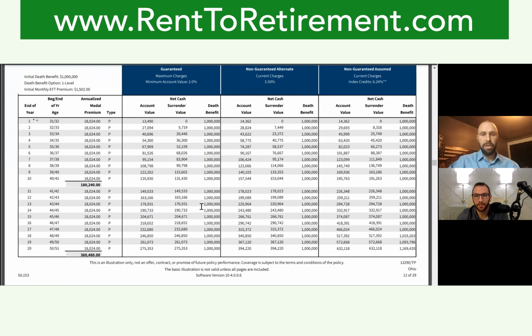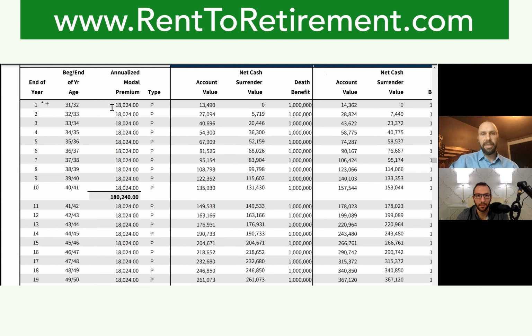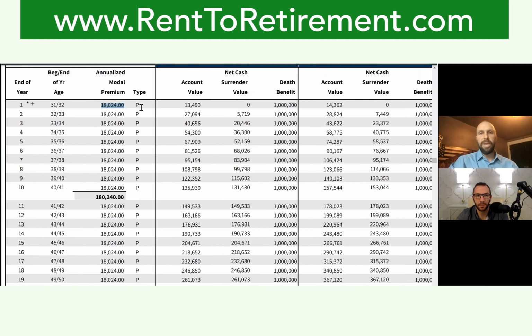Take the match, put your contributions in Roth, but then after that, if you want something that is guaranteed never to lose value in the stock market, if the market tanks, you'll notice here, on these contributions, this client wanted to do 19,000. We were kind of mirroring their Roth 401k. So he reduced his 401k contributions. He decided he could do $18,000 a year.